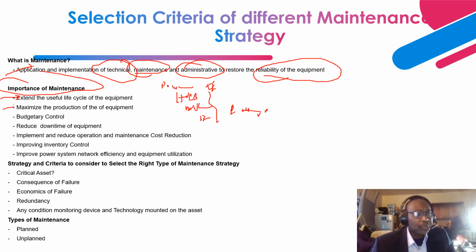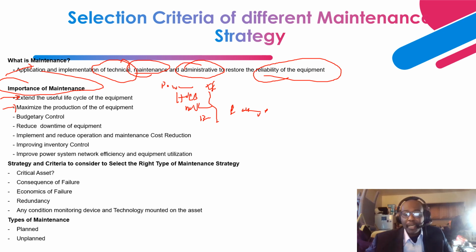When we implement maintenance on these substation assets, what we are trying to do is extend the life cycle of the equipment. Another terminology you can utilize is enhancement of the life cycle of the equipment.